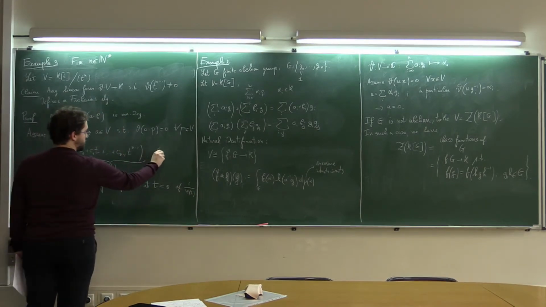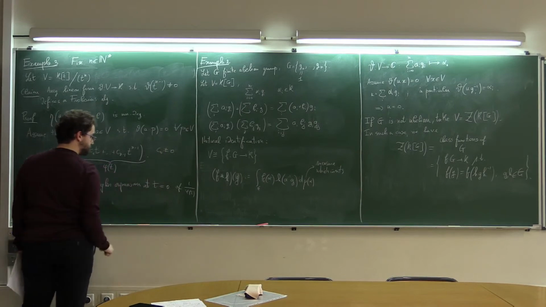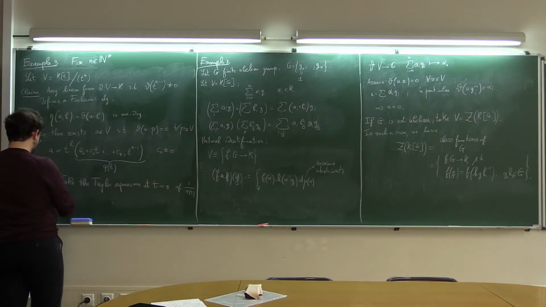I am assuming that c0 is non-zero. And let's call such a Taylor expansion phi tilde of t.